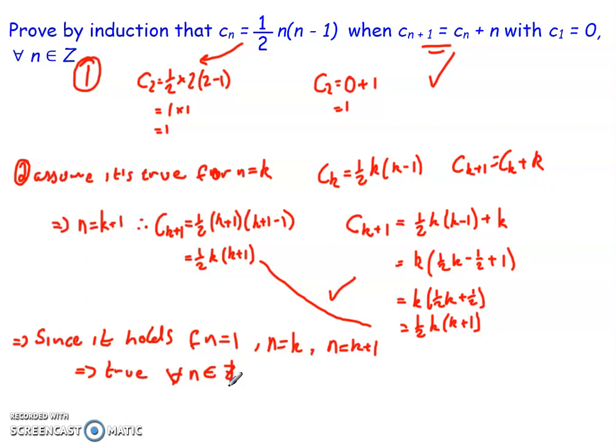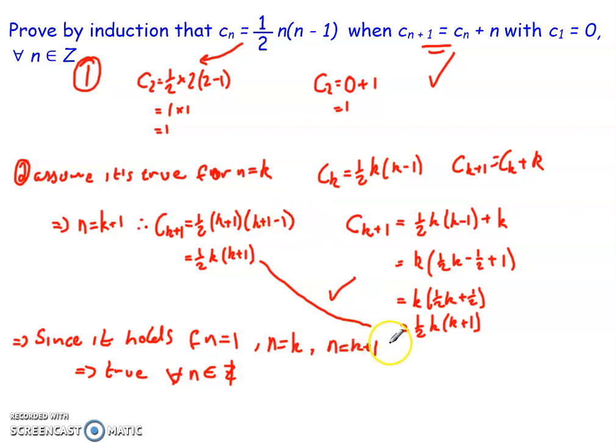So for all n belonging to my group of integer values. So what we've done is proven it is true for everything by induction, and it's using those 3 steps. Prove it for a specific value, in this case I'm going for my c1. Assume it's true for k, show it's true for k plus 1, and then what you've done is shown it's true for a specific one, which has been taken as being generic, so it then holds for the next term in the sequence, so it's going to be true for any value of n that we pick, regardless of where it is in the sequence. So we've proven that by induction.